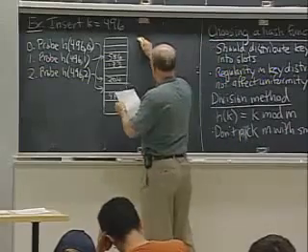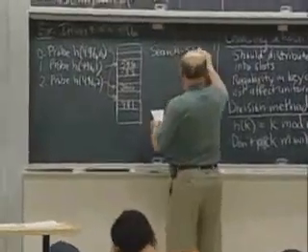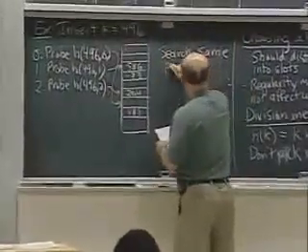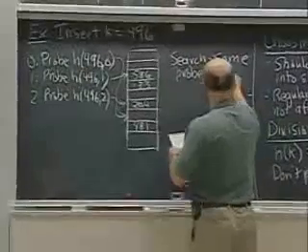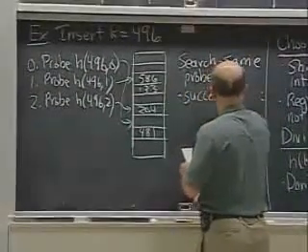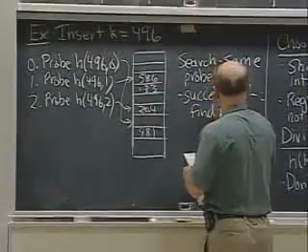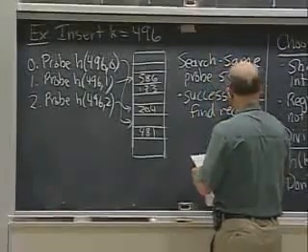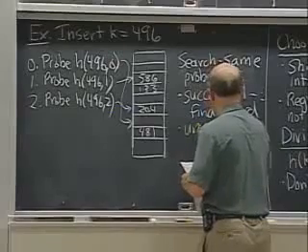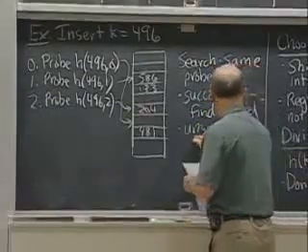So search is: use the same probe sequence. And if it's successful, it finds the record. And if it's unsuccessful, you find a nil.